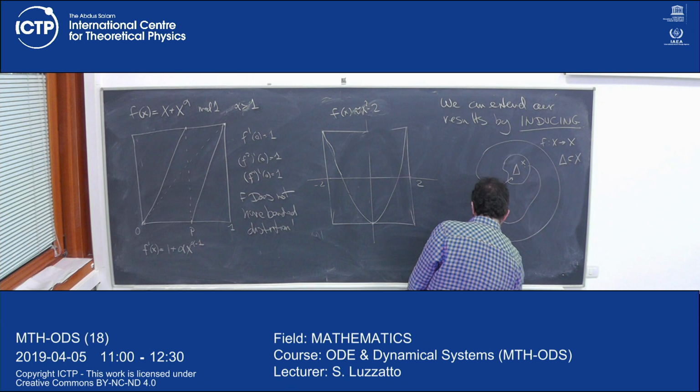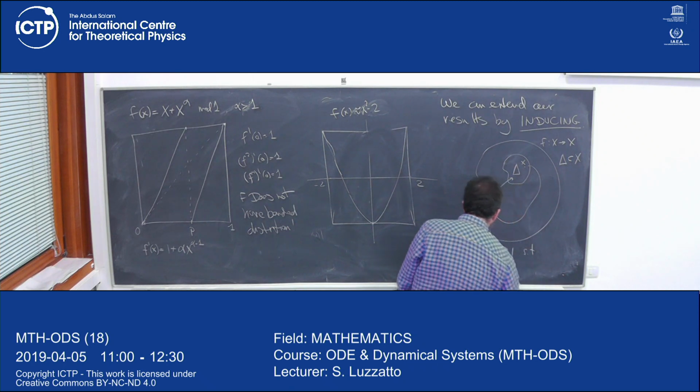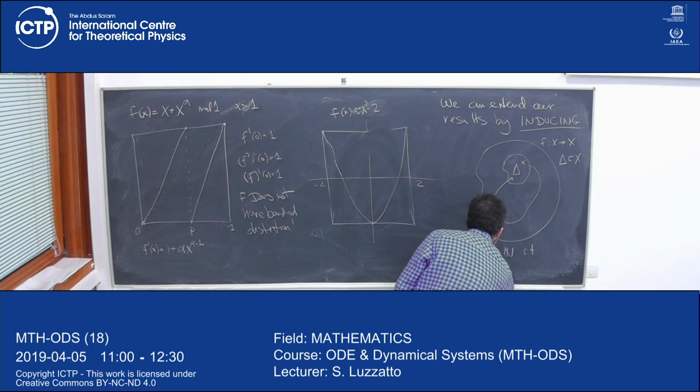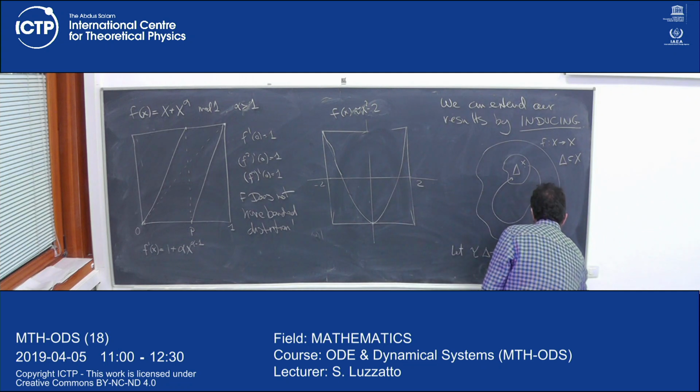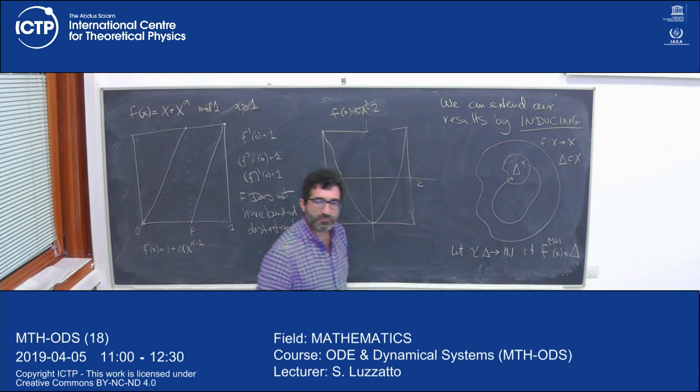Let tau be a function on Delta such that f^tau(x) of x belongs to Delta. Suppose there exists such a point.